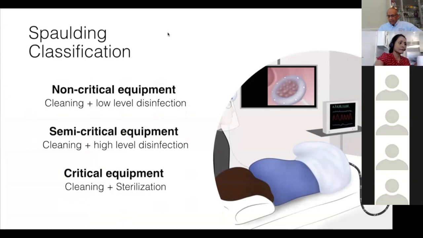There are certain things that the patient comes into contact with, just the skin, that is the patient's bed, BP cuff, pulse ox, etc. And those pieces of equipment don't need much more than just cleaning and low-level disinfection. And they belong to what Spalding described as non-critical equipment.